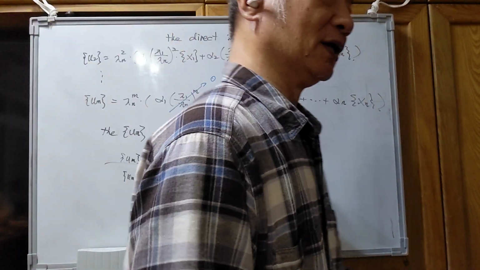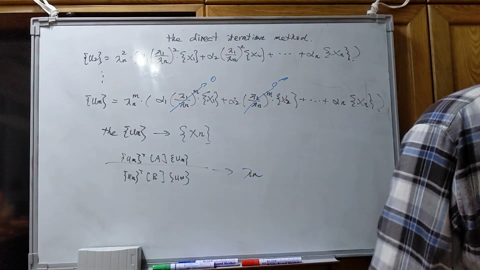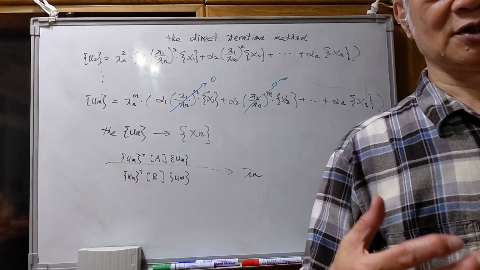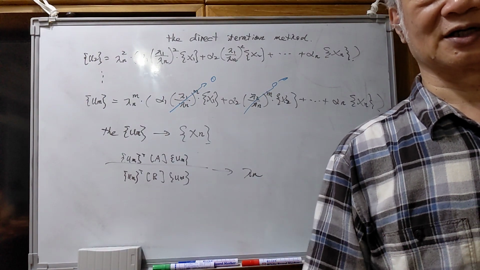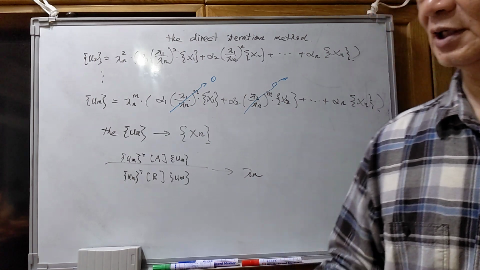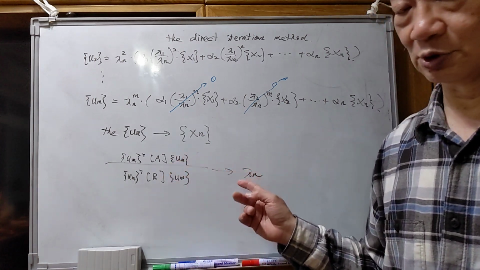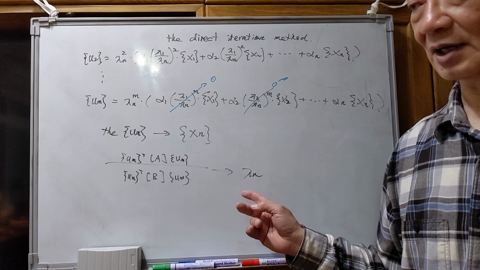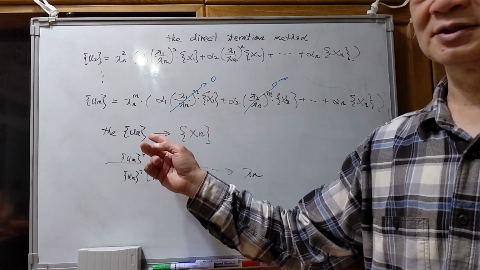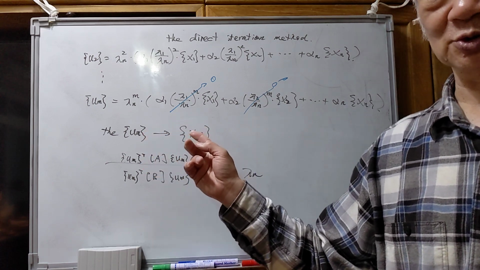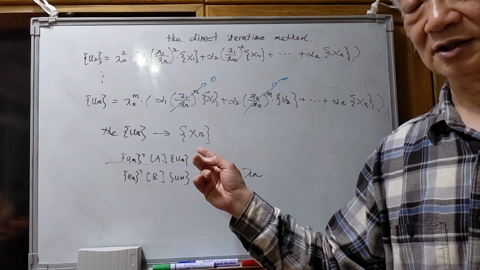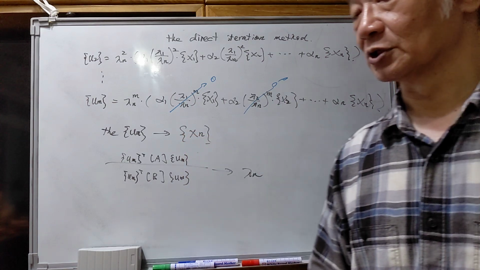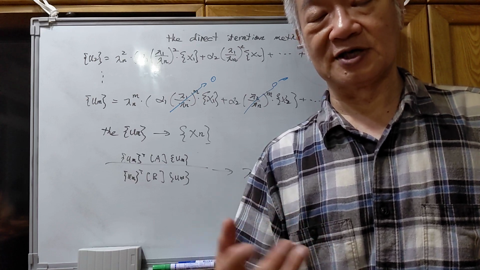Also remember, if we compare the convergence rate, the Rayleigh quotient approach to the lambda n will be faster than the approach to the xn. Okay, so we can use either method.